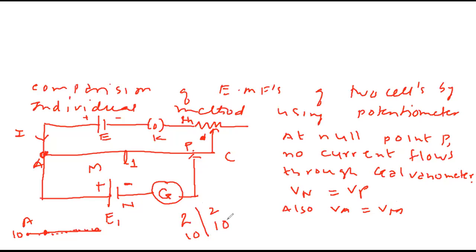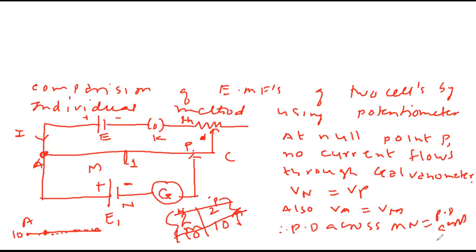Are you getting me what I'm saying? Yes, sir. So this was N, let us take here, this is M and this is A, this is P. N and P are same, A and M are same. So difference between AP and MN, are they same or different? Same. So potential difference across MN will be same as potential difference across AP.